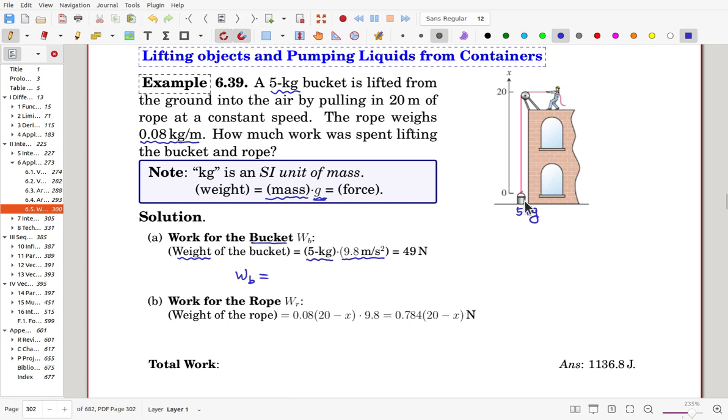So for constant force, it is now moved 20 meter, so that 49 Newton times 20 meter, which is 980, and Newton and meter, which is same as joule, right? Okay, 980 joule is the work for bucket.